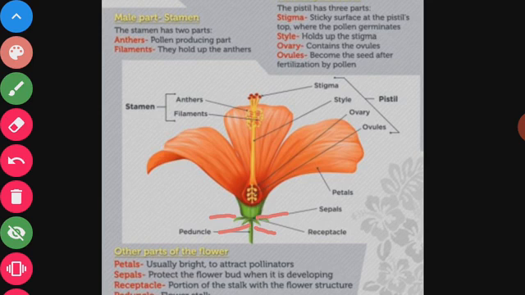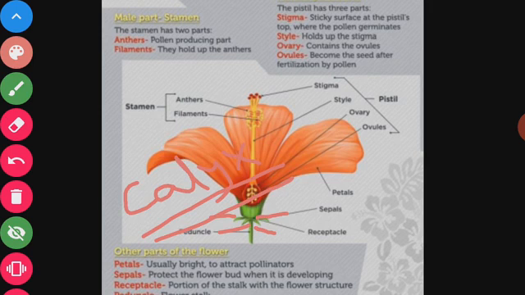Students, you have to remember that one green, leaf-like structure is known as a sepal, and a group of sepals is known as calyx.